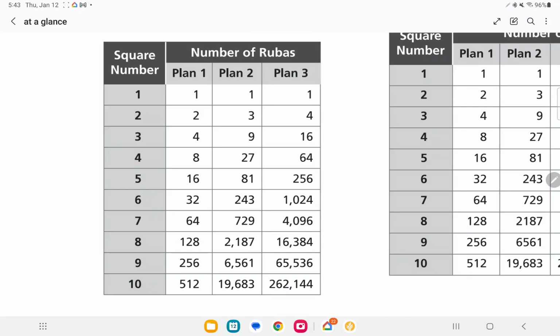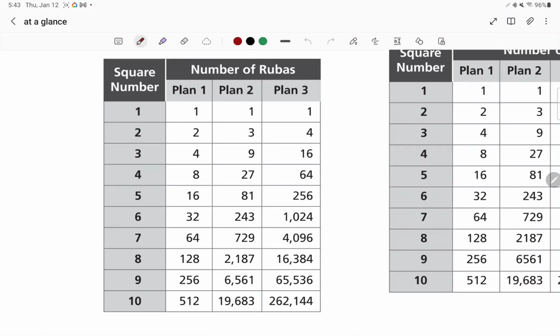So if we take a look at our answers here, if you haven't done this, please try this on your own. Plan 1, that's the original plan that the peasants said: give me 1, then 2, then 4, then 8, then 16. Plan 2 is the one the king says. But remember, plan 1 has 64 squares.